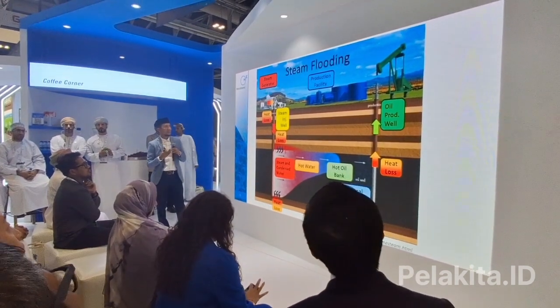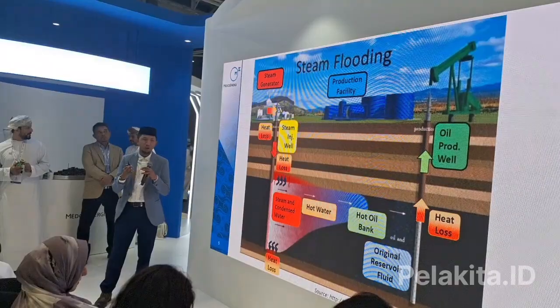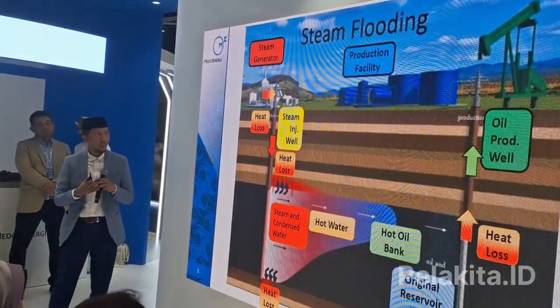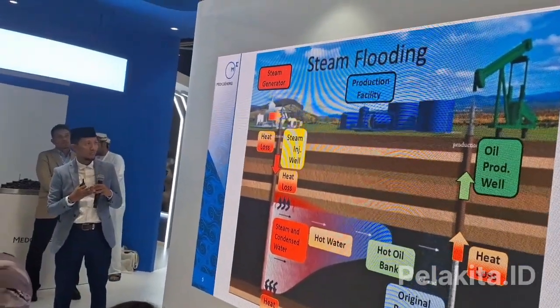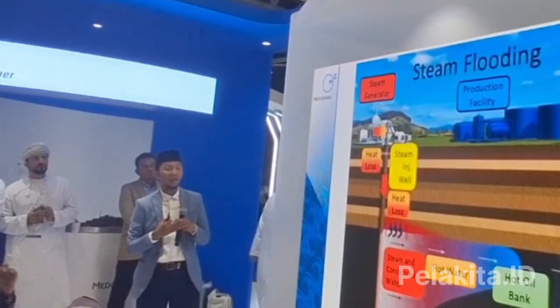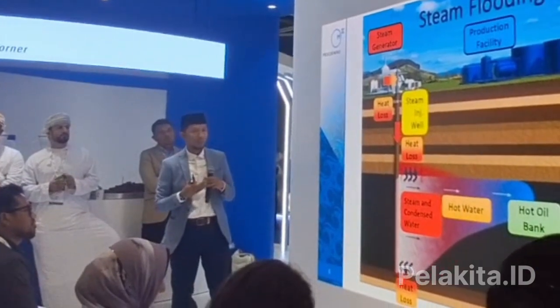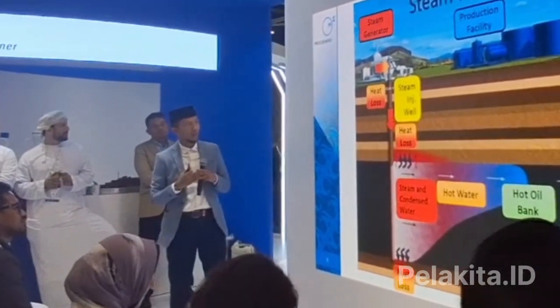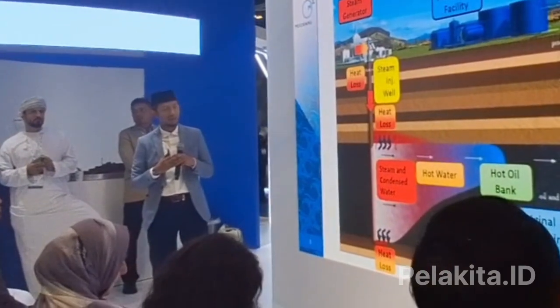Maybe this is just for those not quite familiar with thermal. Most of you already know about thermal, but this is just to give an idea to someone not quite familiar. This is how steam flooding is developed. We have a steam injector well to inject steam into the reservoir to deliver thermal energy and improve the temperature.